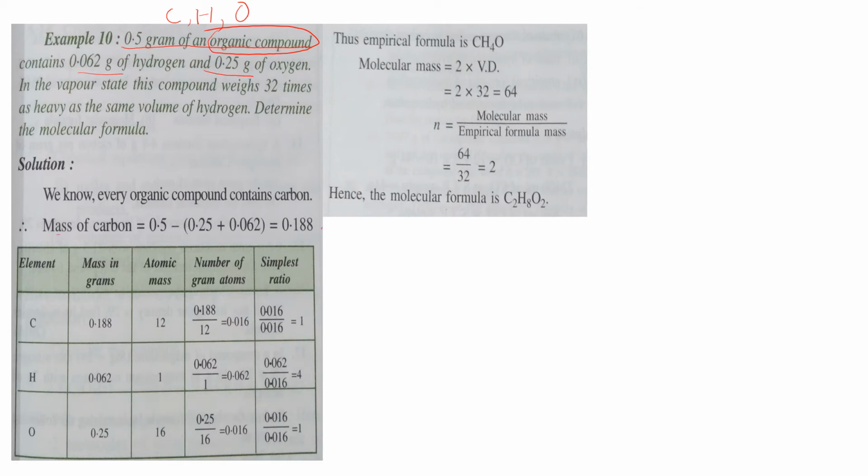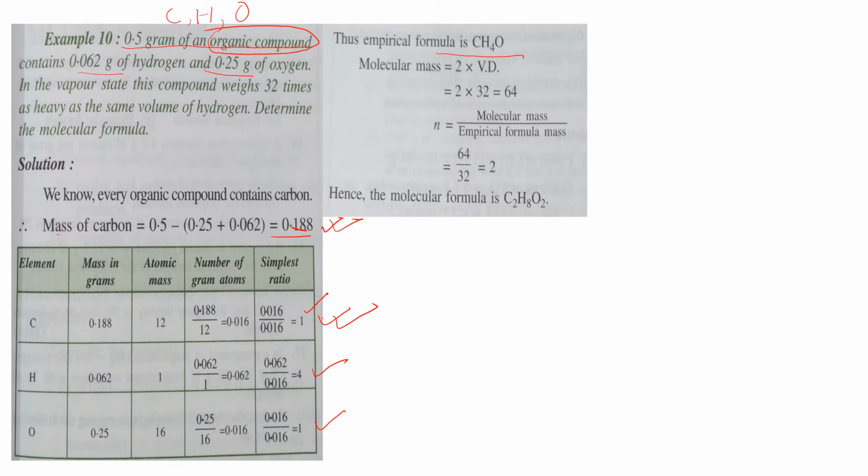So the mass of the carbon is coming out as 0.5 minus (0.25 plus 0.062). So I am getting 0.188. Now make the table as usual, and from the table you are getting carbon is 1, hydrogen is 4 and oxygen is 1. So my empirical formula is coming CH4O.